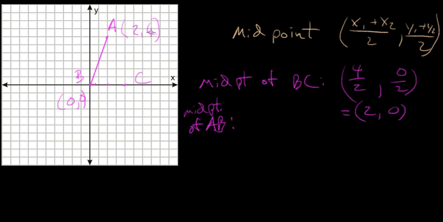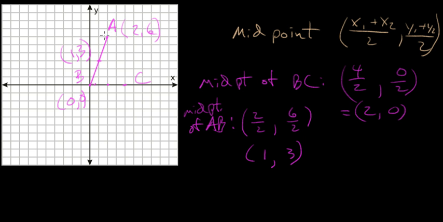This is pretty easy, isn't it? 6 plus 0 is 6, 2 plus 0 is 2. So the midpoint of A and B is 2 over 2 and 6 over 2. So this means 1 and 3. Well, let's take a look and see if that works out. There's 1, there's 3. Does that look like the midpoint of that line or that segment? I think so. So anyway, the midpoint of the segment is found with this formula.